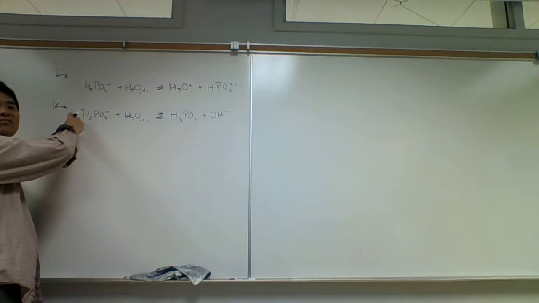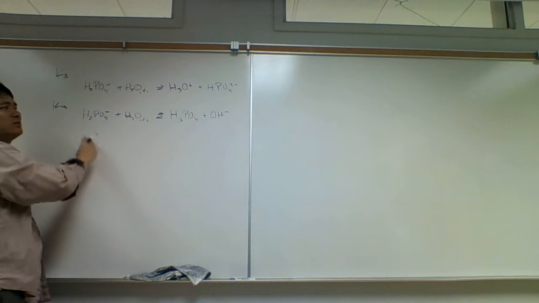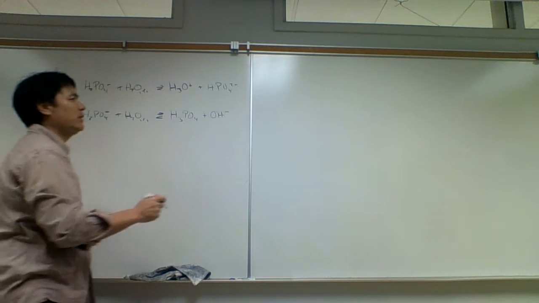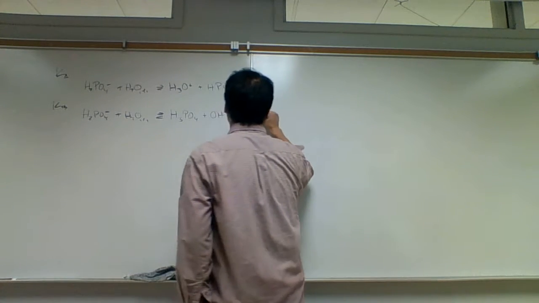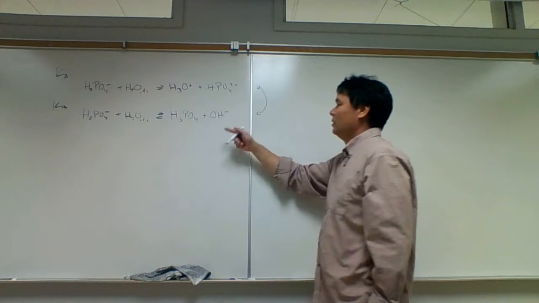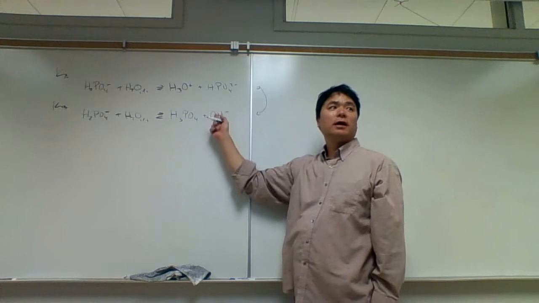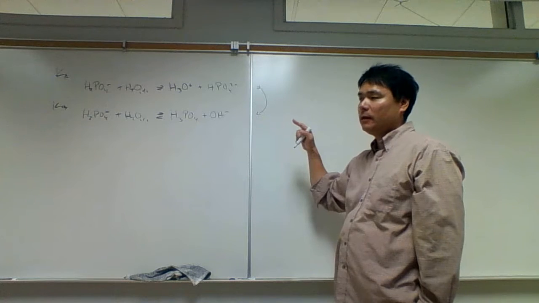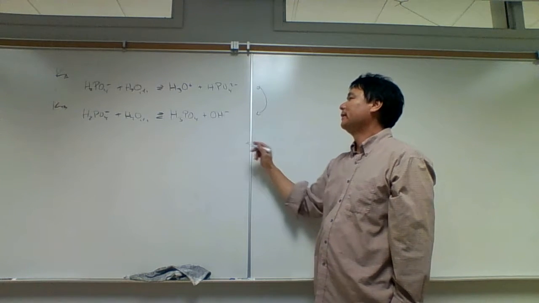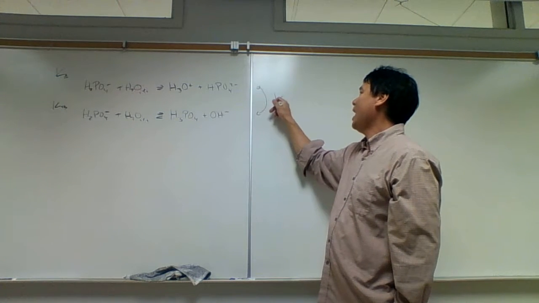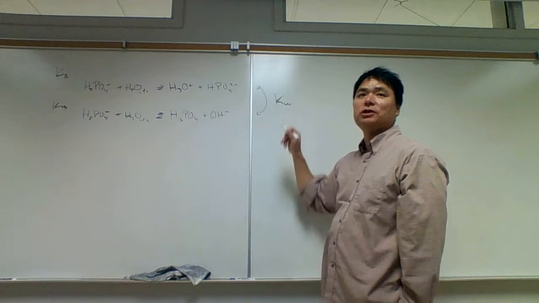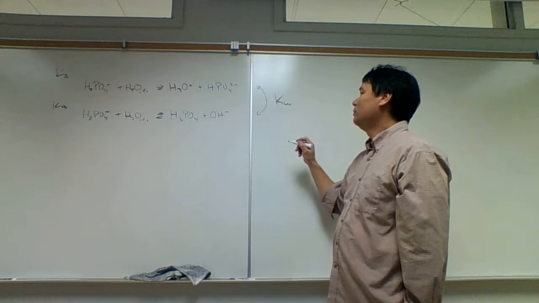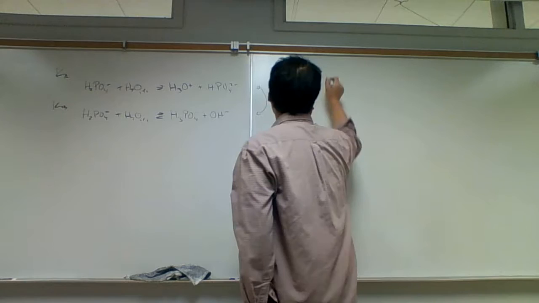And so the only way to solve this is, can we do it stepwise? No, we can't do it stepwise. I guess we could add them, but adding doesn't quite work because the hydronium and the hydroxide aren't going to be tied together correctly. The hydronium and hydroxide have to satisfy the Kw relationship. So the only way to solve this is simultaneously.